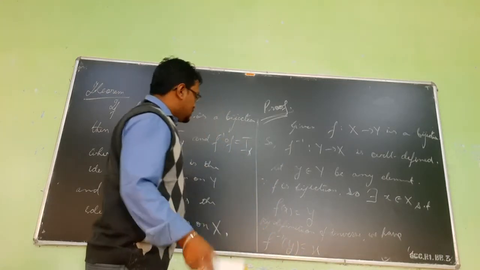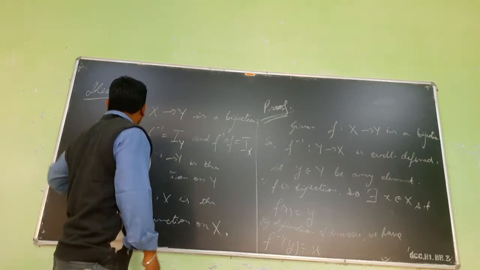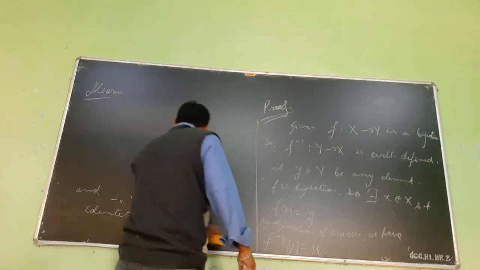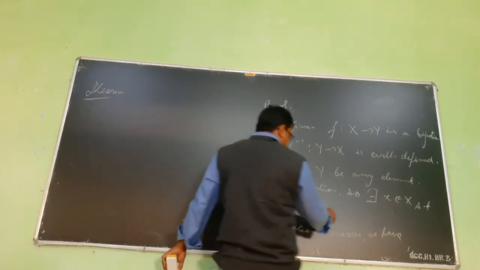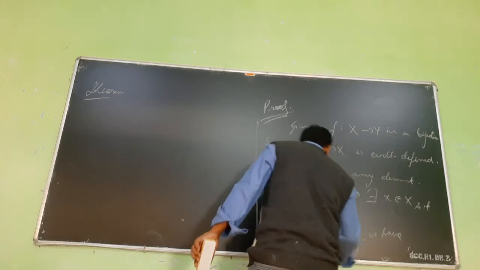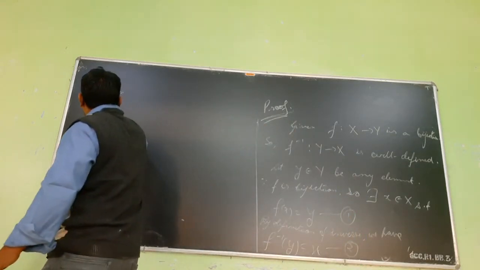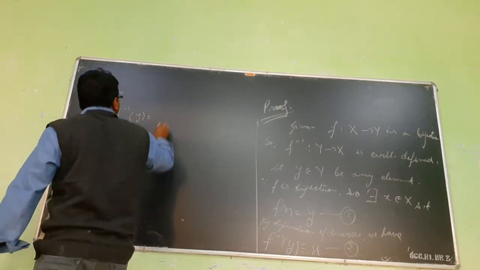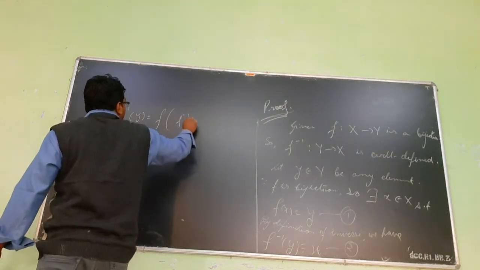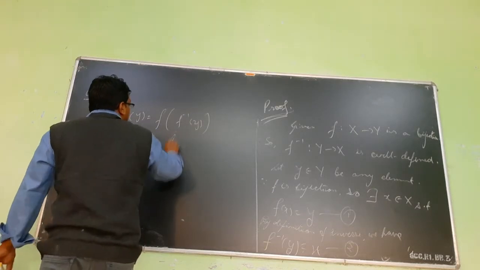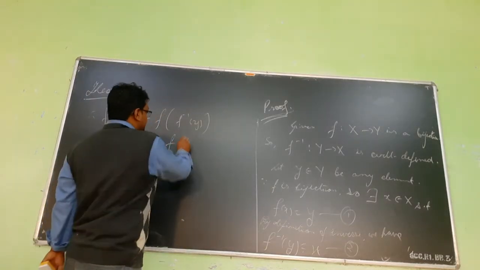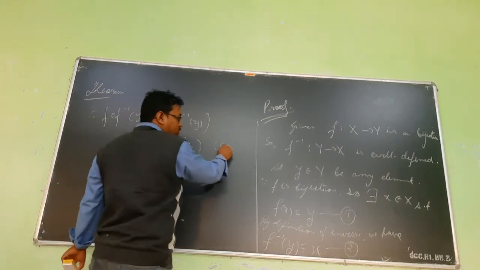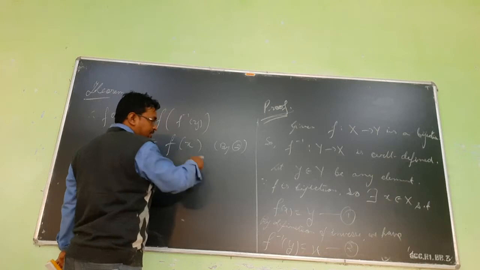Now let us find out what f o f inverse is. Keep it as 1, keep it as 2. Therefore f o f inverse of y is f of f inverse y. But f inverse y we have already seen is equal to x, by 2. And f(x) is again y.